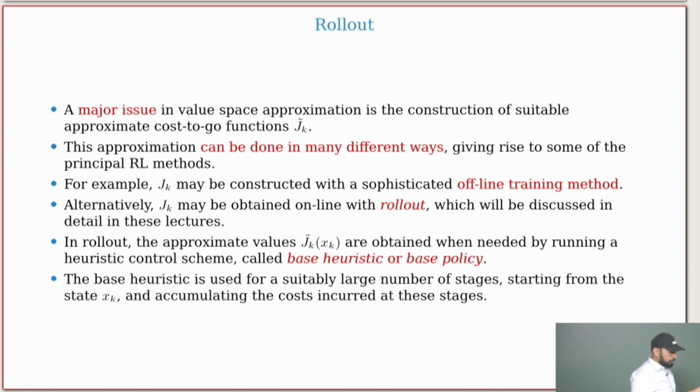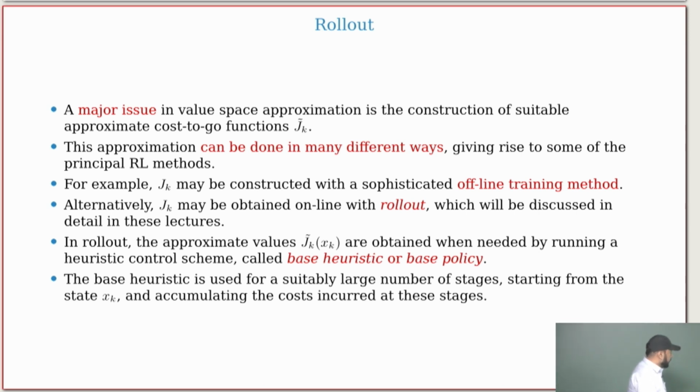Because this is approximate DP, these estimates that I calculate will be using some number of states. It should be using a large number of states, but obviously not all. So it should be applicable to a large number of states, but it's an estimate, an approximation, so it's quickly obtained.